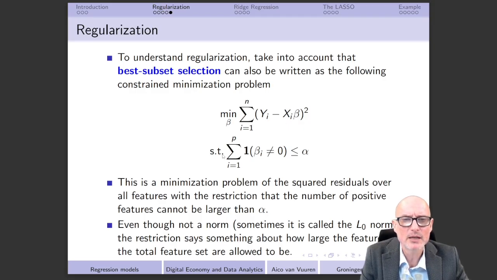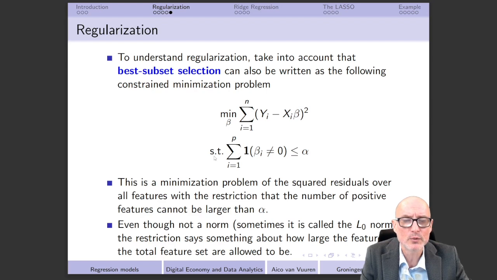But in this particular situation, we only allow alpha of these betas to be different from 0, if we assume that all the features are included and not just the alpha of the total features.